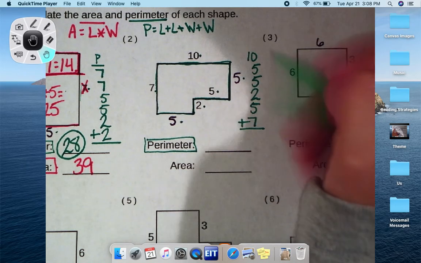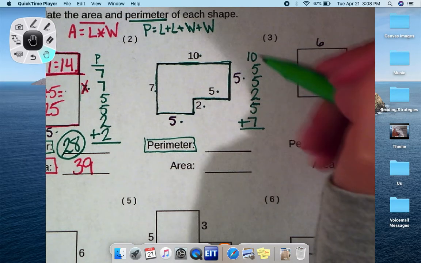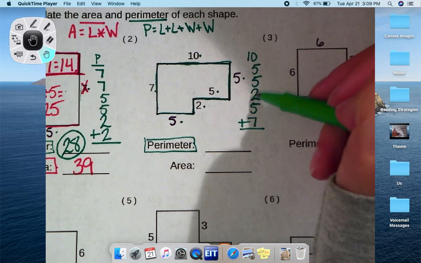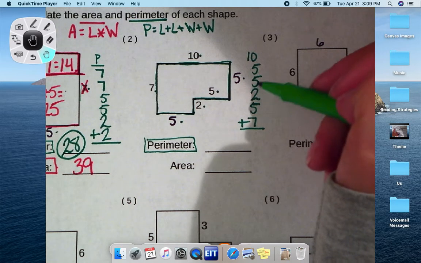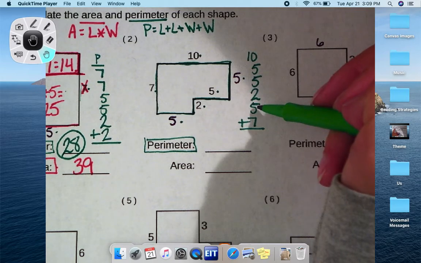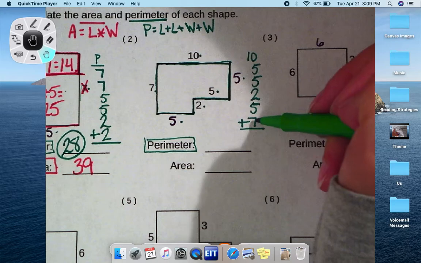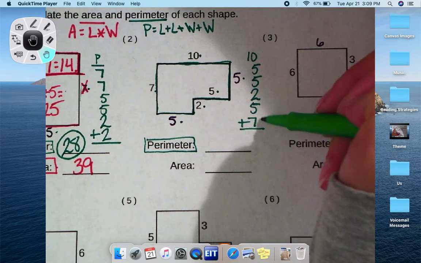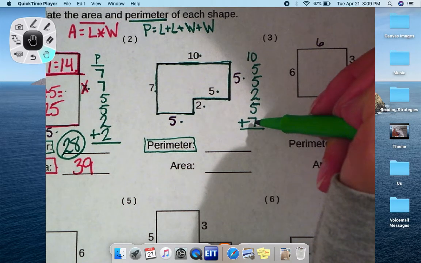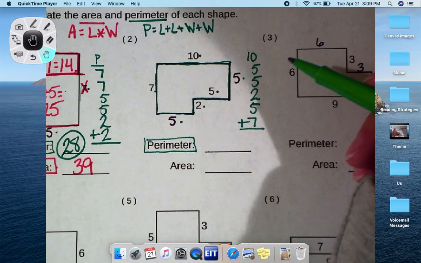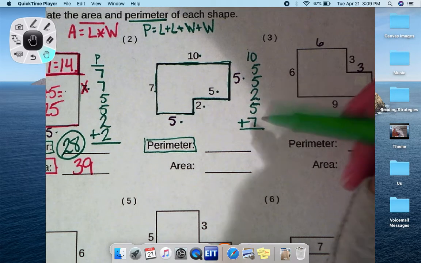So for perimeter, I add up all those numbers. I've got 5 plus 5 is 10 plus 2. 10 plus 2 is 12. 12 plus 5 is 15. 15 plus 7, I've got 15, 16, 17, 18, 19, 20, 21, 22. Plus 10. Oh, sorry.